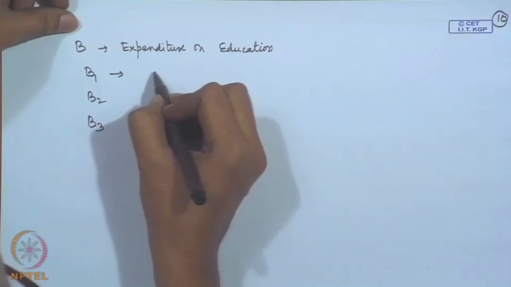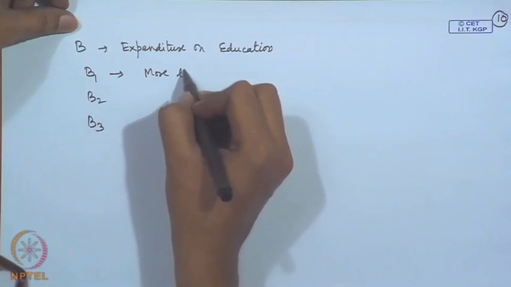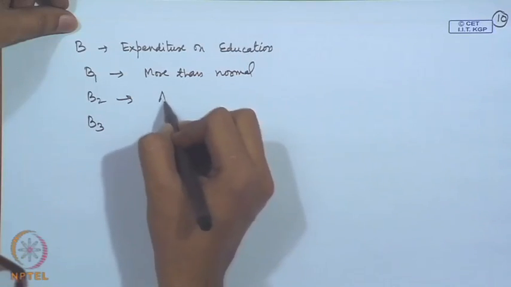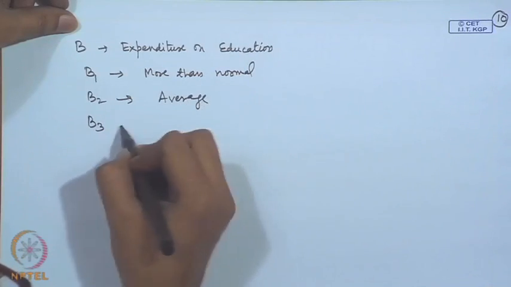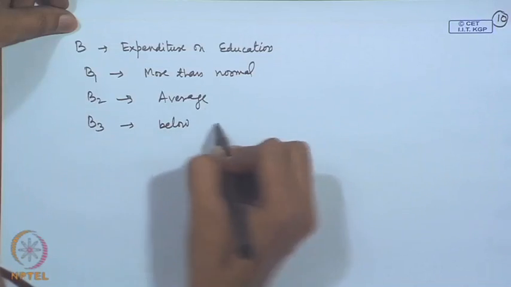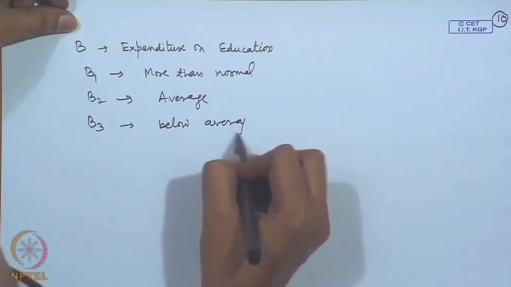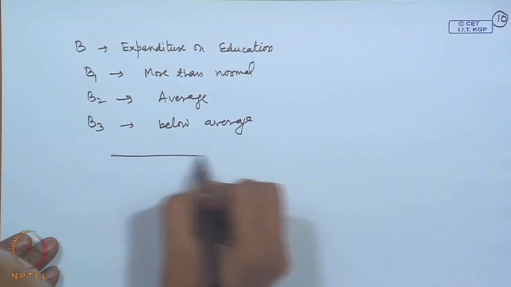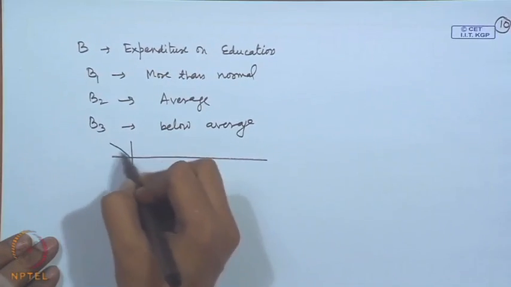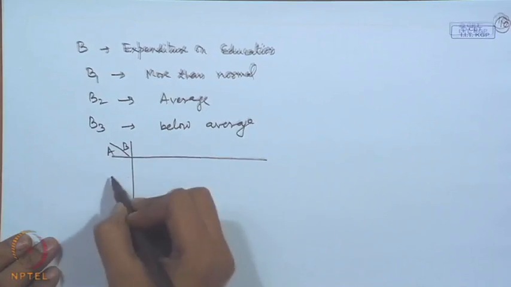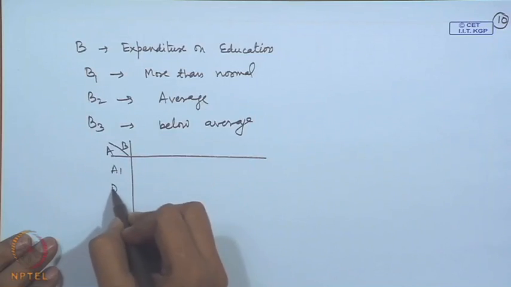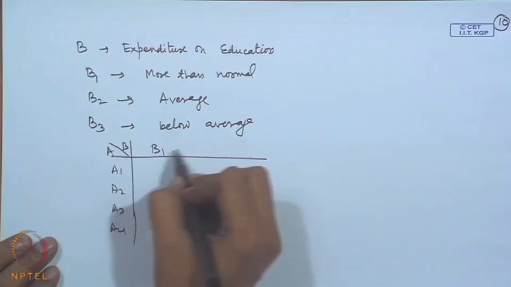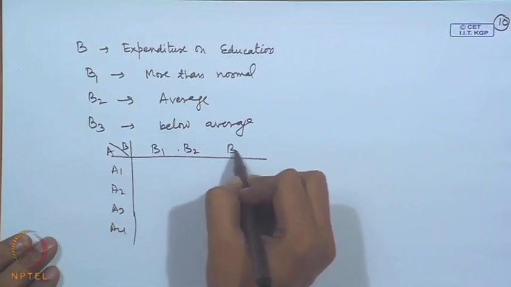So, this is more than normal, average, and below average. So this is A, this is B. Now, A1, A2, A3, A4. On this side you have B1, B2, B3.